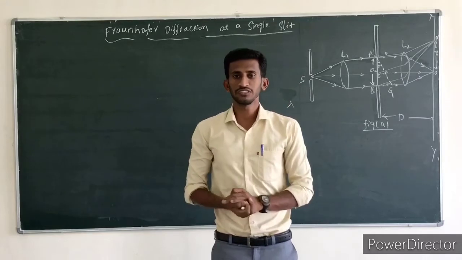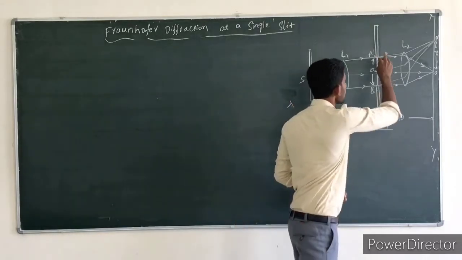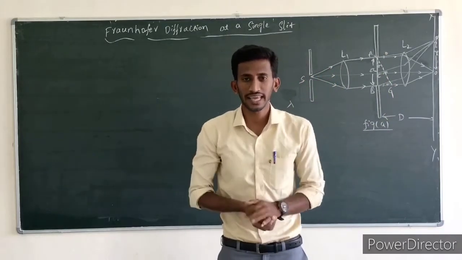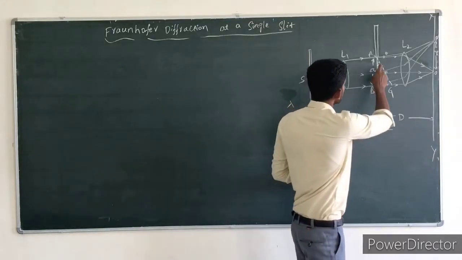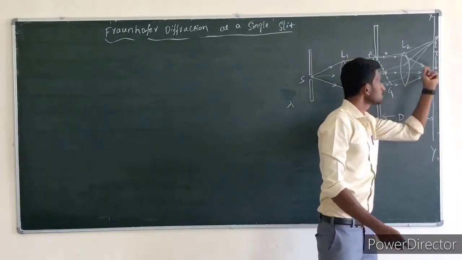According to Huygens principle, we know that each point on this slit AB produces secondary wavelets in all directions. Now, here these points A and B to reach point O.